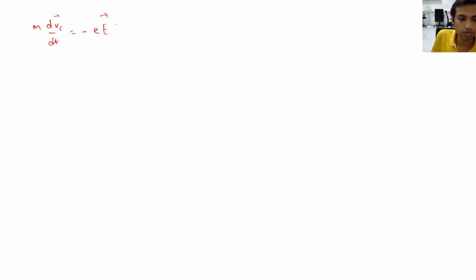In presence of electric field, this would be your equation of motion for the electrons, where the subscript s stands for the superconducting electrons. Now the current density of the superconductor is minus n e Vs. Now you just have to do the derivative of this, so minus n e dVs over dt.